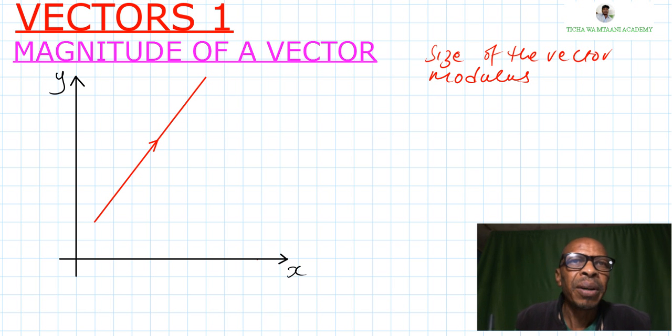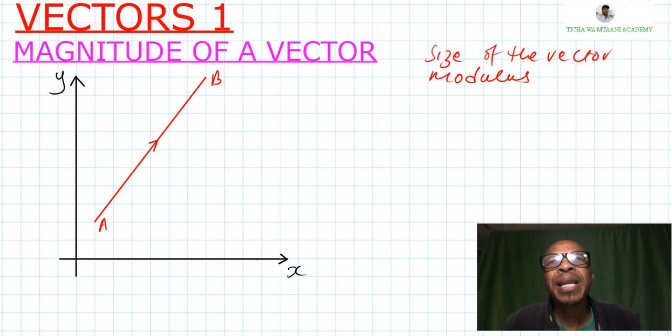We call this vector AB. A vector is defined by magnitude and direction. I've already indicated the direction. Now, if we use the units, we can draw the components of this vector.